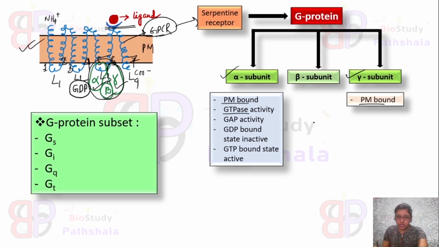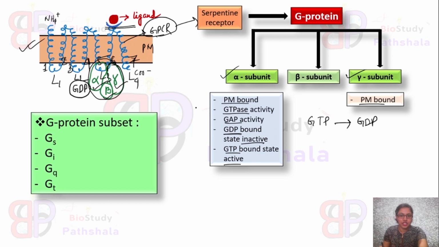So what is GTPase activity? GTPase activity is the formation of GDP from GTP. And GAP activity is GTPase activating protein activity, that means the activity which enhances the activity of the GTPase. This alpha subunit can be found either in GTP bound state or GDP bound state. The GDP bound state is always inactive, while the GTP bound state is the active form.